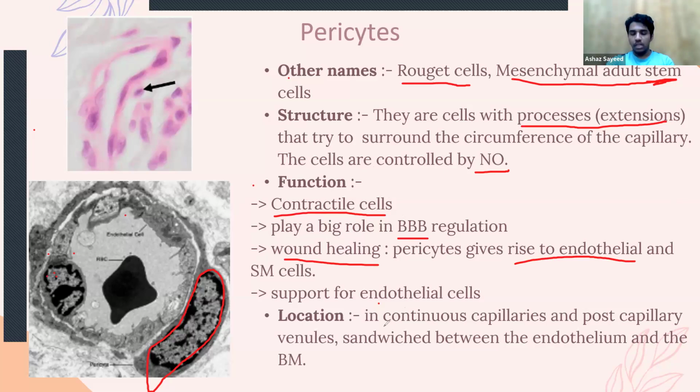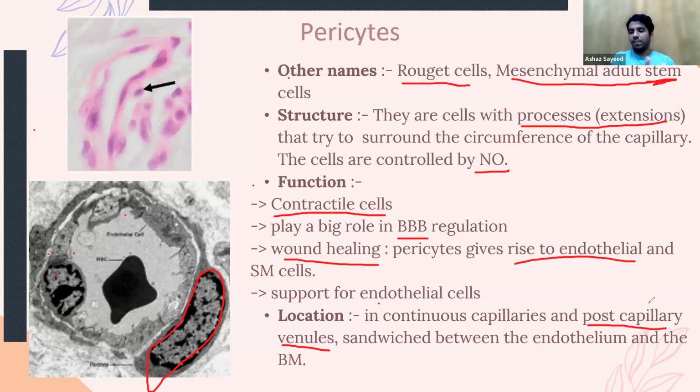Location: parasites are located in the continuous capillary and the post-capillary venules. This is where you're going to see the smooth muscle cells. The post-capillary venules have some smooth muscle cells. So parasites give rise to endothelium and smooth muscle cells in the post-capillary venule.